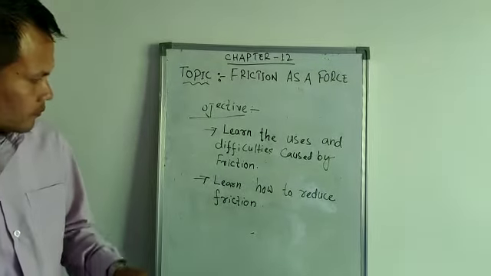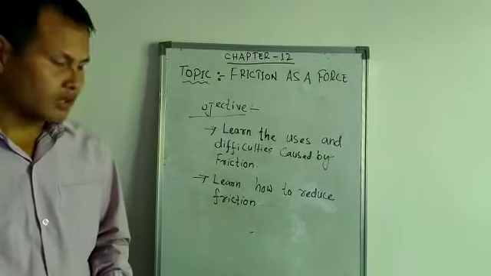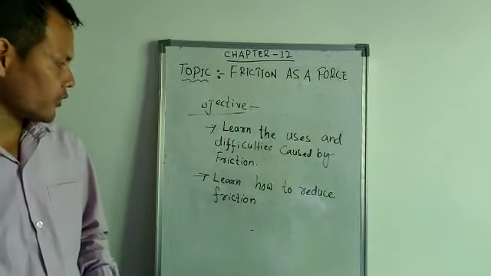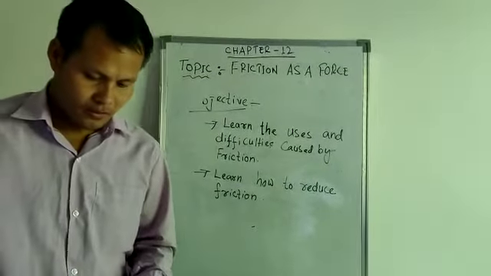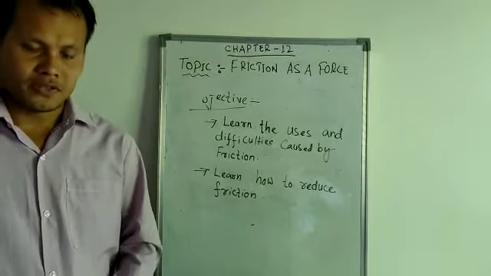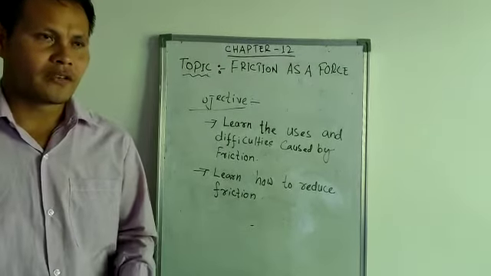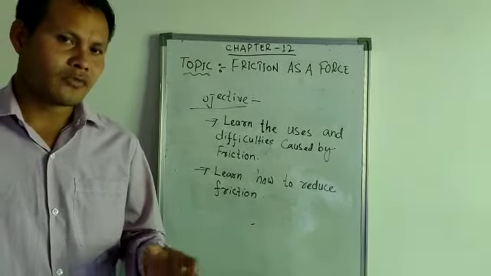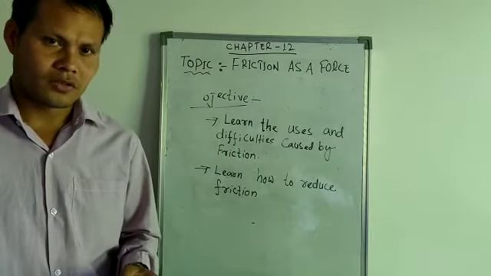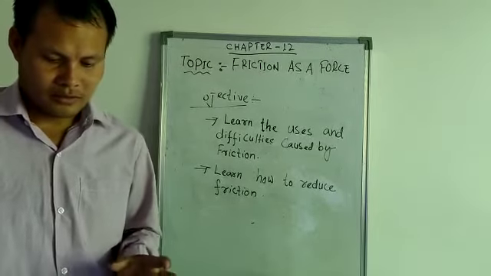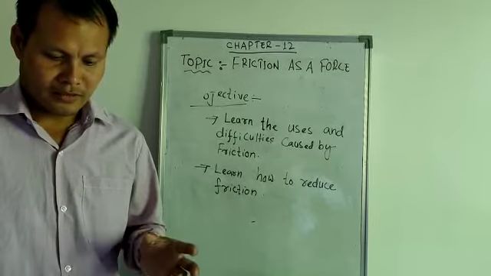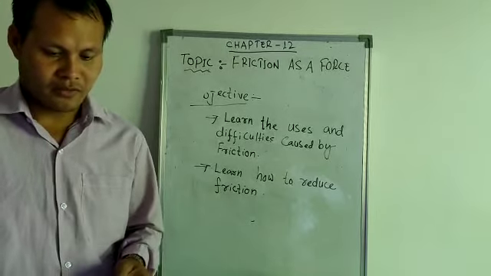Now, the second objective we have is to learn how to reduce friction. So how do we reduce friction? As I have mentioned, too much frictional force can harm us in different ways.